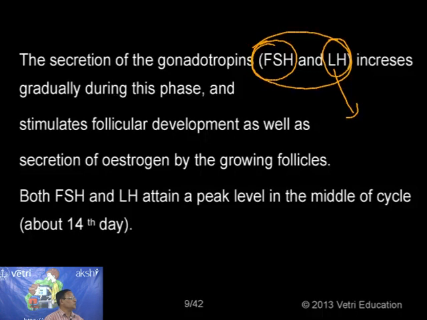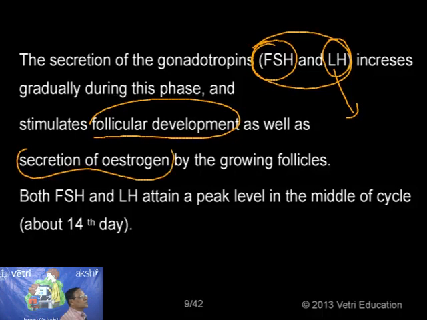These two gradually increase during this phase and stimulate the follicular development, and also the secretion of estrogen. The secretion of estrogen is stimulated by these two hormones, because estrogen is an ovarian hormone released by the follicle cells, whereas these two hormones are from the anterior pituitary. So they stimulate the growth of the follicle.